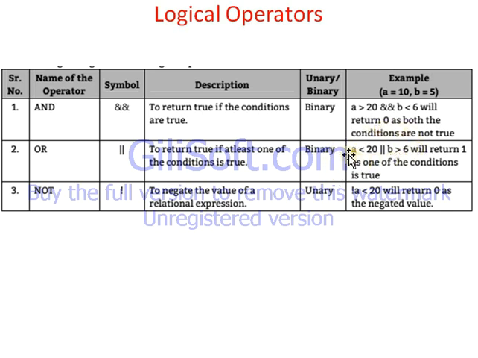At least one condition returns a true value between both, so it will return 1. Let us check. A is less than 20, yes, true. B is greater than 6, false. But or tells that if any one of the conditions is true, then it is true.